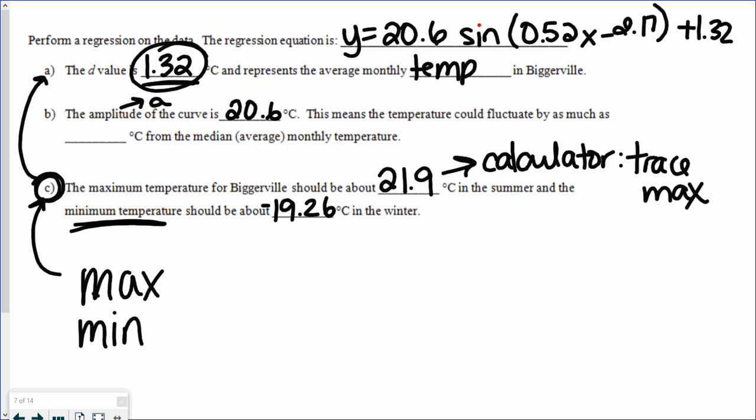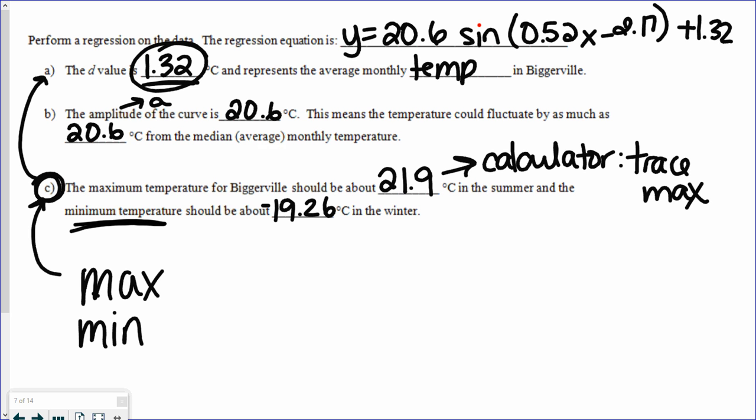I think I have in mind 20.58, so I must have just rounded at some point. So this means the temperature could fluctuate by as much as 20.6 degrees from the median, which is your average monthly temperature. The maximum temperature should be about 21.9.